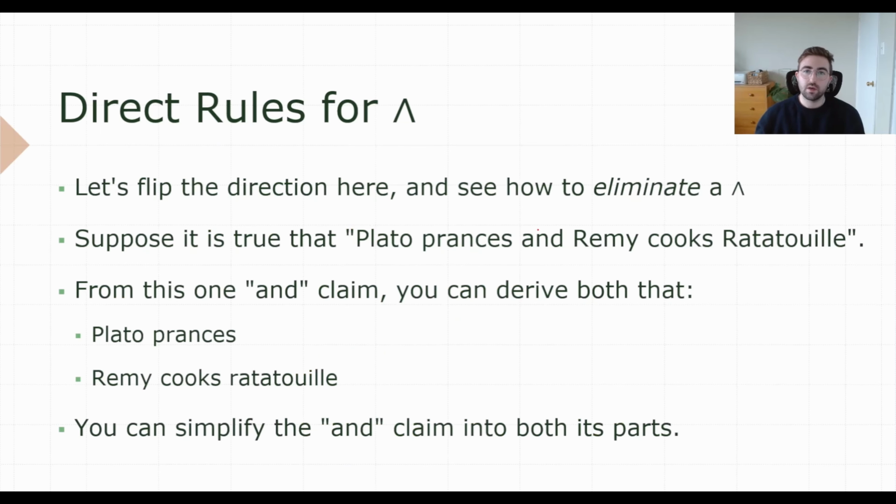Okay. But there's also another rule for the and symbol that also makes lots of intuitive sense. So let's say we flip direction and we start with knowledge that Plato prances and Remy cooks ratatouille is true. That whole sentence is true.